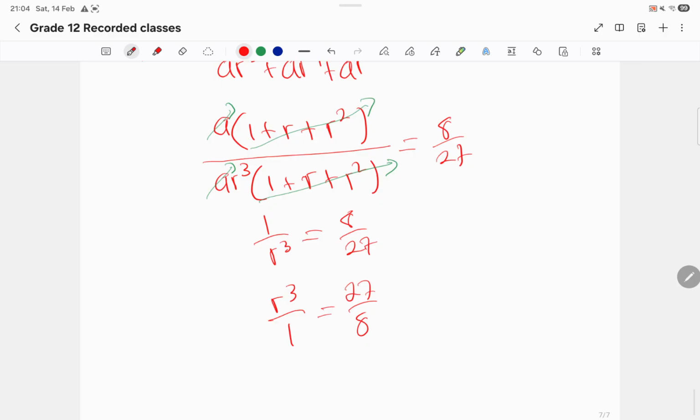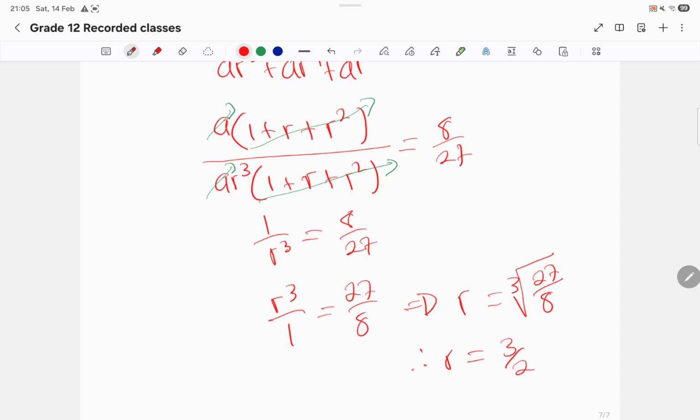And then now you're going to take the cube root of this to find what? To find your R. So therefore your R is the cube root of that. What do you get? The cube root of this will be 3/2, right? Now you have your R.